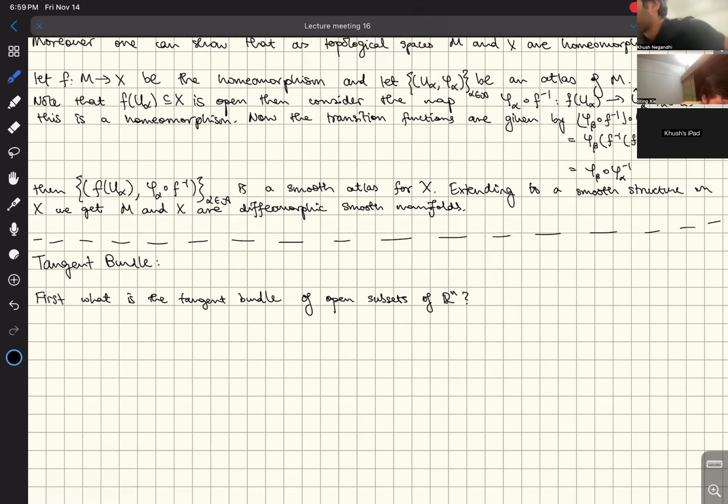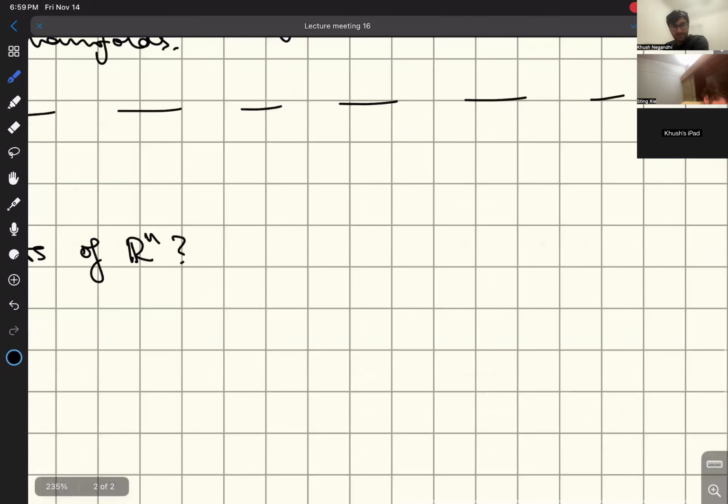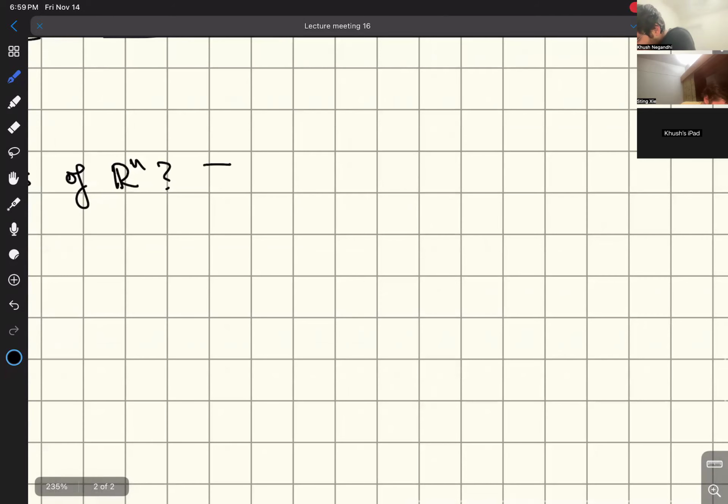Now we know that it has to coincide with what we know from multivariable calculus. And so the way we define the tangent bundle of open sets is we say, okay, if U is an open set, it's just the disjoint union over points in U of all the tangent spaces. Right? That's what it is.